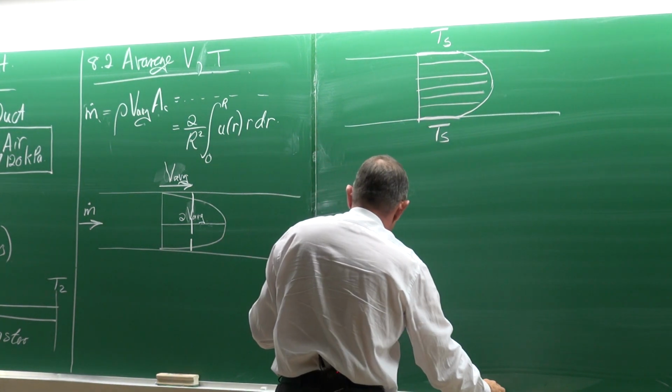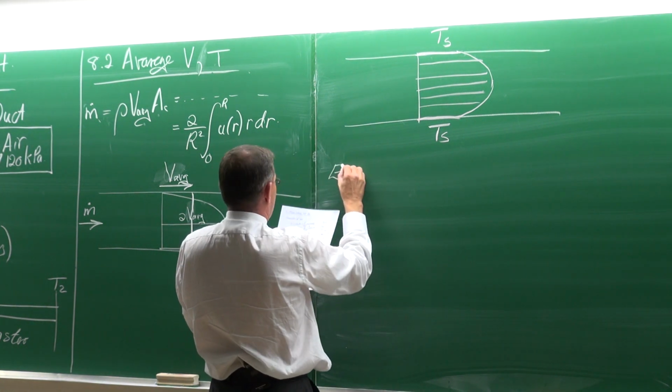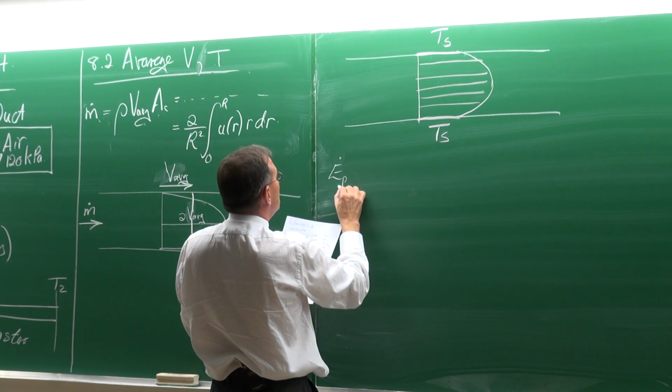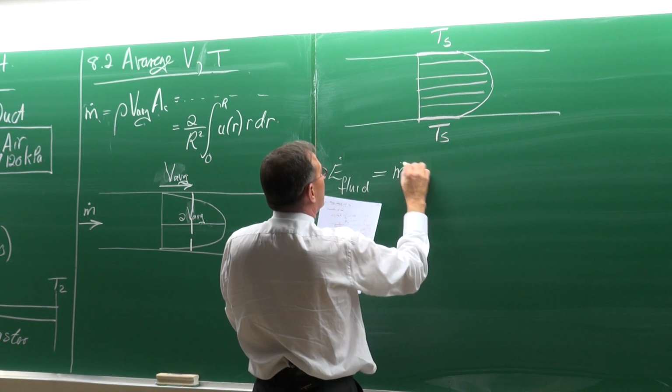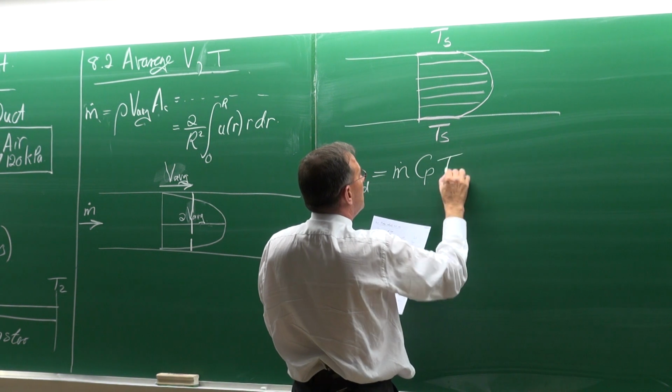And again, you can go through all the equations. From the conservation of energy, you can look at the energy in the fluid and say it is equal to m Cp Tm.